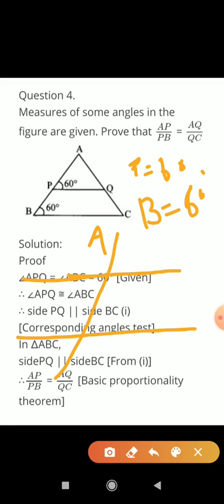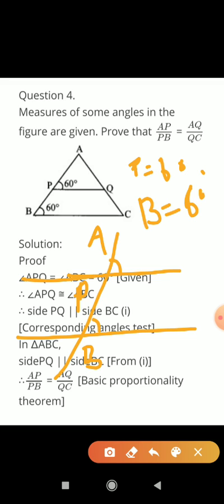Here is point A, here point P, and here point B. Now if we draw the figure like this, then we know this pair of angles is known as corresponding angles.